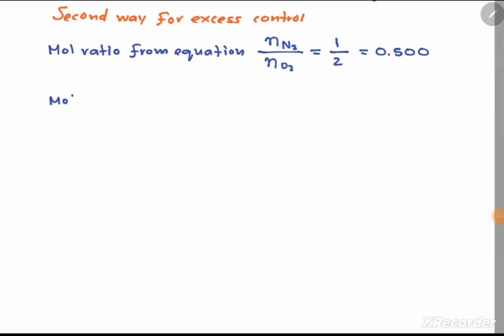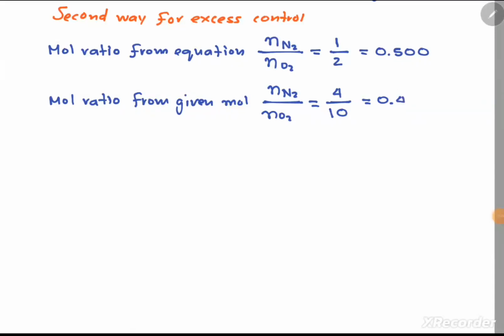Then we find the mole ratio from given mole. Mole nitrogen to mole oxygen equals 4 divided by 10, equal to 0.4.